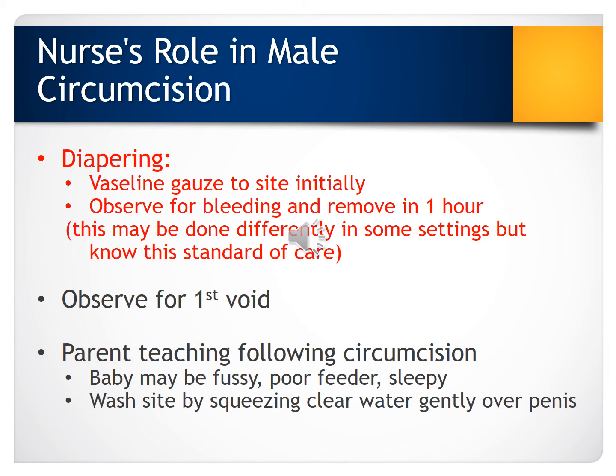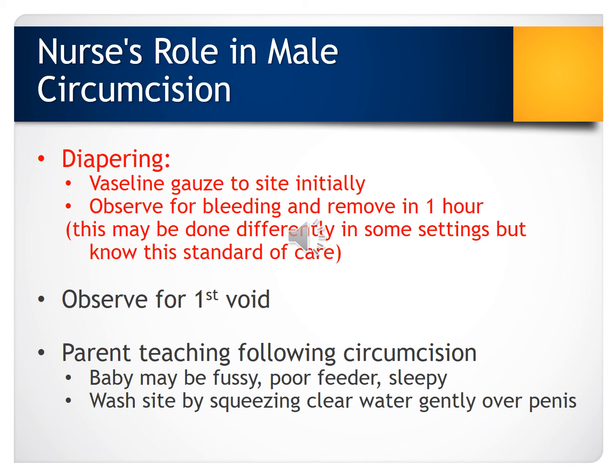When the newborn comes back from having the procedure, he will have a Vaseline gauze around the site, and when we change the diaper, we gently remove that gauze, and then we apply a generous amount of Vaseline on the penis and in the diaper, because we do not want that circumcised, that raw penis to touch the diaper, because then it sticks, the cotton sticks, and now there's even more irritation and problems. And so when we're doing our assessments, we want to observe for any bleeding.